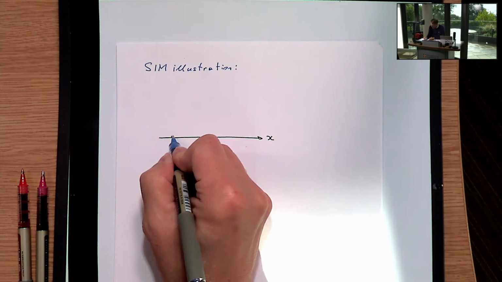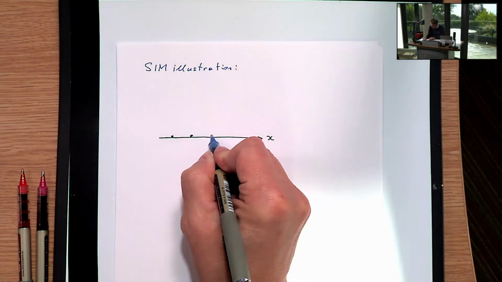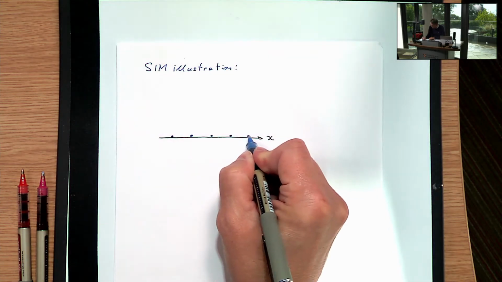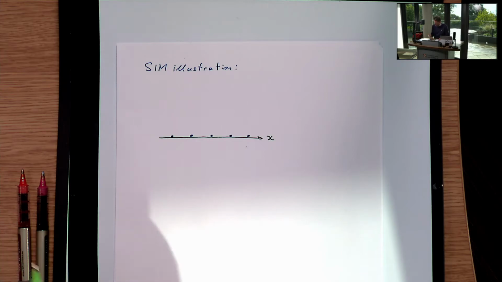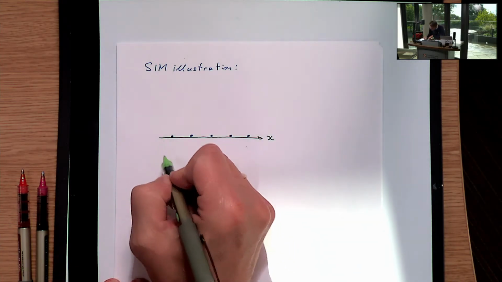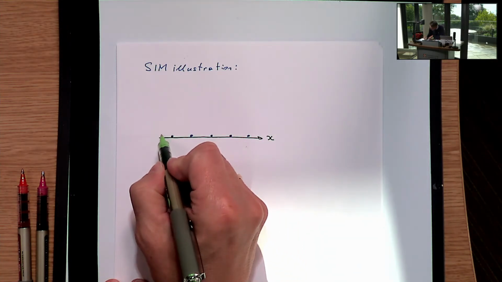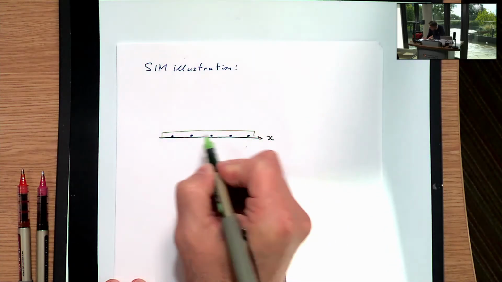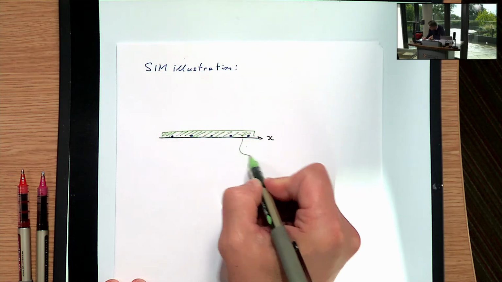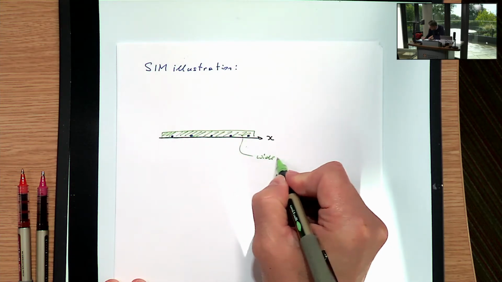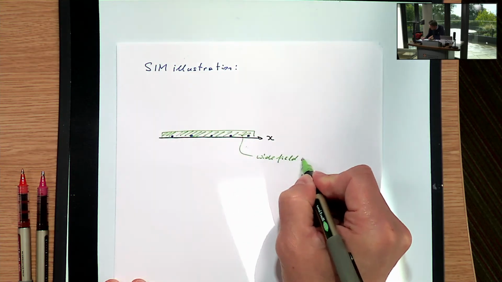Here, so you got a fluorophore sitting here, and then one here, and one here, one here, and one here. And then each one of those fluorophores we now illuminate in a wide field microscope. So I indicate this by a light field that is everywhere. So this is the illumination. So this is wide field illumination.